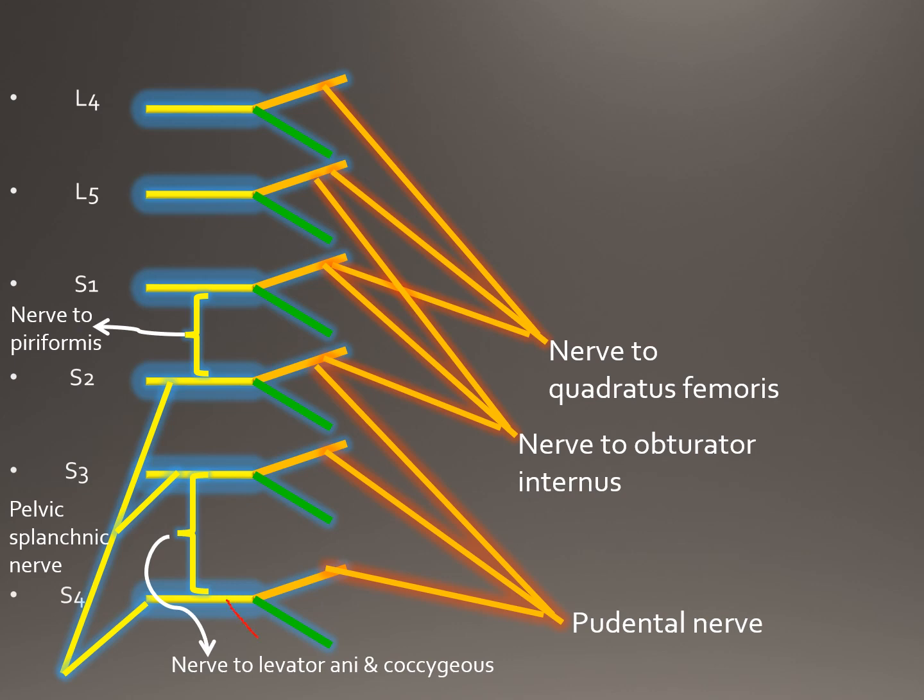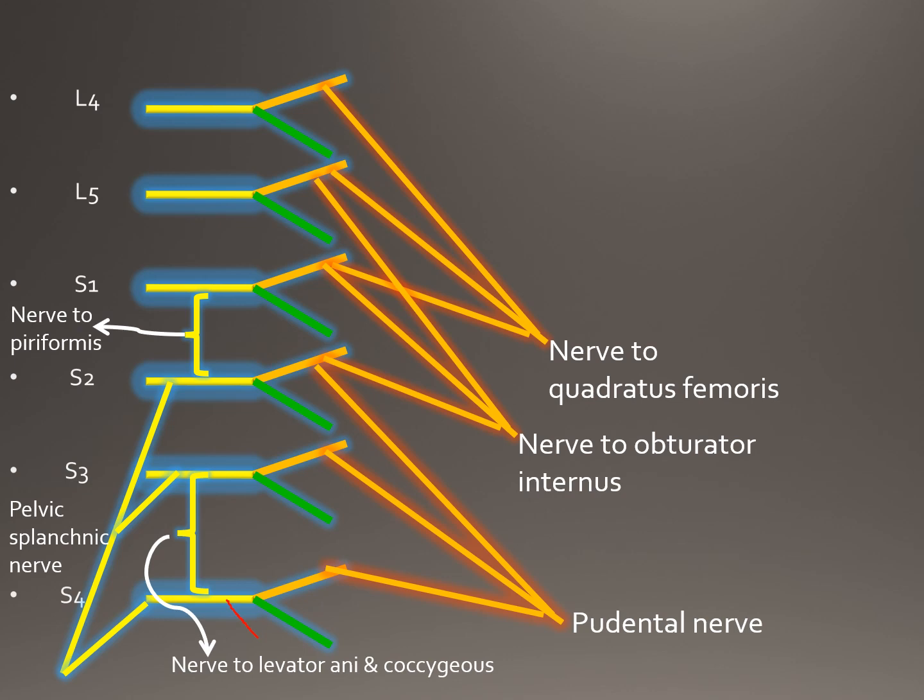Then the 2 terminal branches are the sciatic nerve and the pudendal nerve. The remaining 7 nerves supply the gluteal region and lower limb. Totally 12 nerves arise from the sacral plexus: 5 mainly supply the pelvic surface and 7 supply the gluteal region and lower limb.